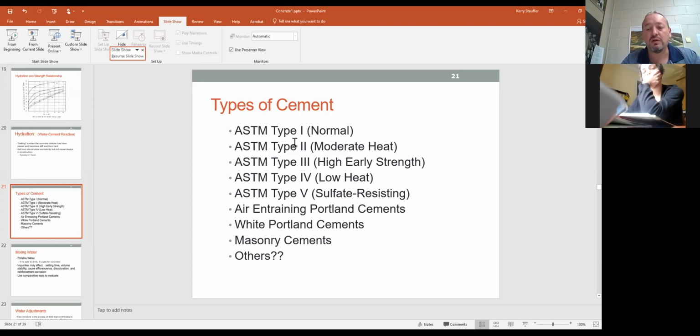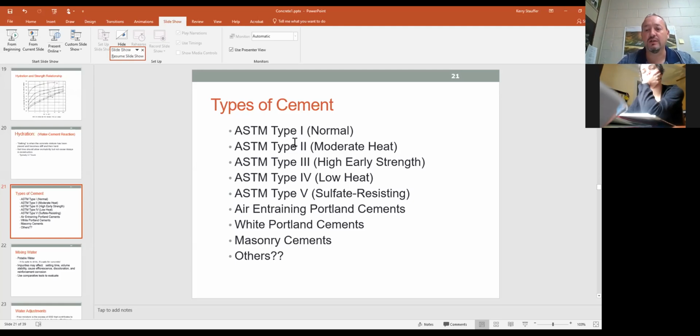If we have smaller cement grains, then the water can come in contact with more of those cement grains because of the higher surface area. Therefore the hydration process will take place faster, the strength will be gained faster, and it will set faster. In the long term, there's not going to be any difference.